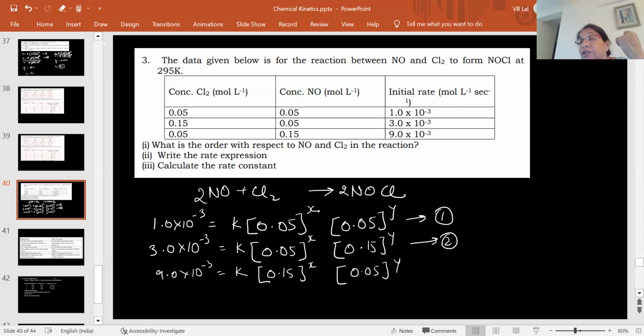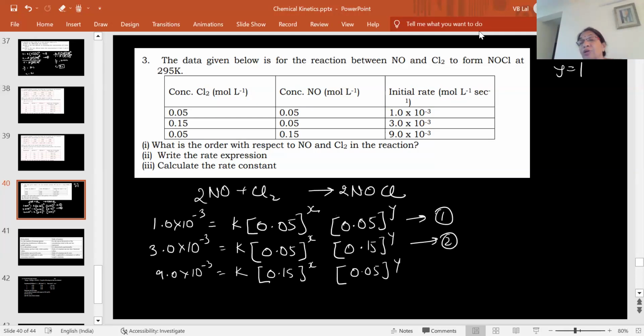So when I increased it 3 times, what happened to the rate of reaction? It became 9 times. 9 times means 3 squared times. So 3 squared times means the order of reaction with respect to NO appears to be second order. So my guess is that X is equal to 2 and Y is equal to 1.